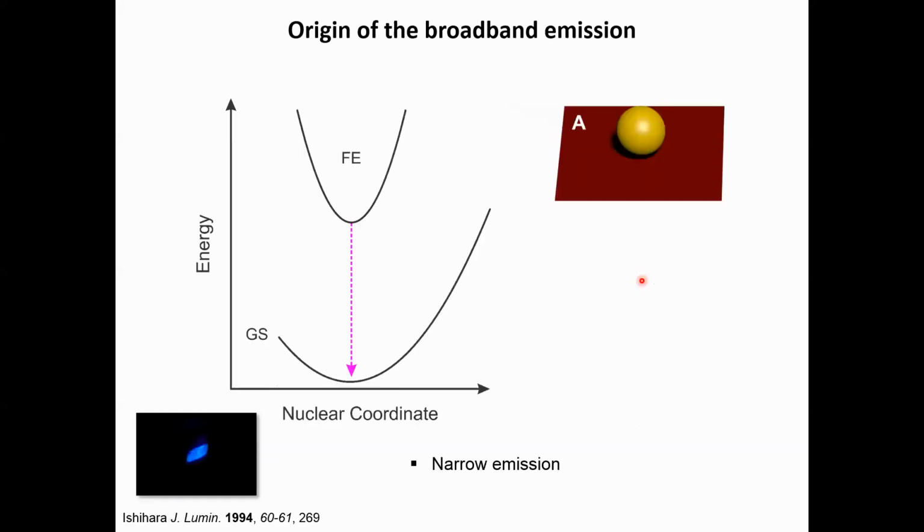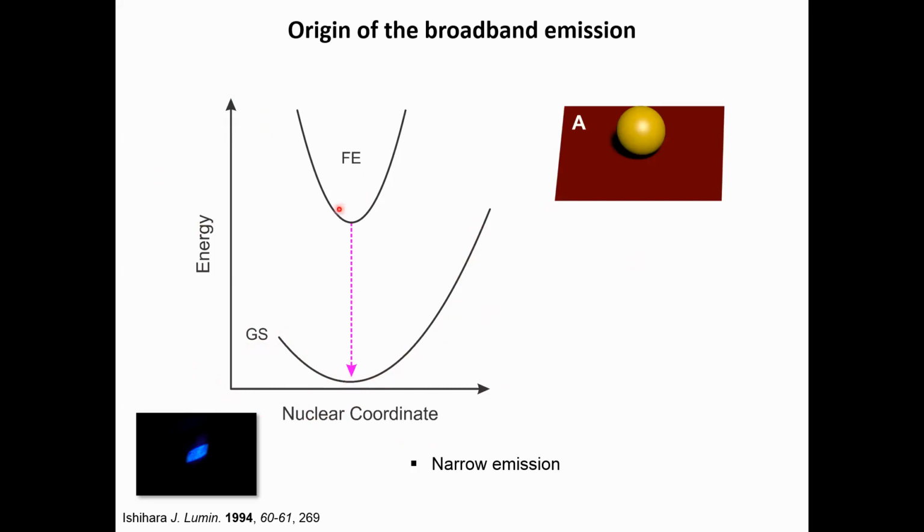So let me put all of this together in an energy scheme. You may have seen this in your classes. This is my energy axis, and this is a nuclear coordinate. You can think of this simply as a bond length. And I have a ground state. This is my equilibrium bond length when no light is shining on my material.